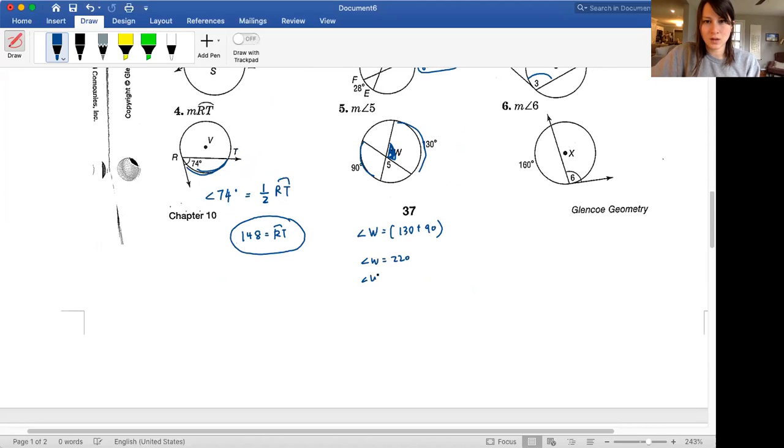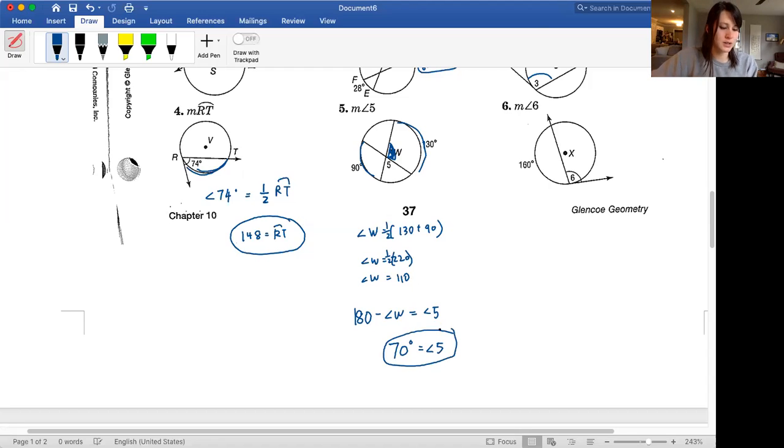And so angle W equals, well, we gotta do 1/2 of that. So 1/2 of 220, and so that's 110. And so to find angle 5, 180 minus angle W equals angle 5, because those are supplementary. So 180 minus 110 is 70 degrees. Angle 5 is 70 degrees.